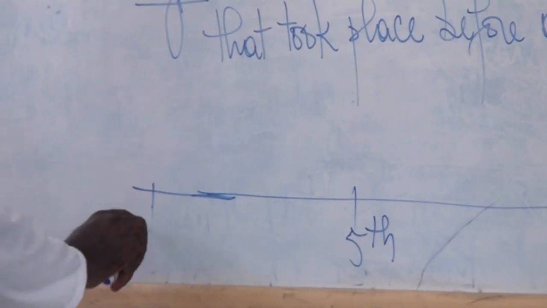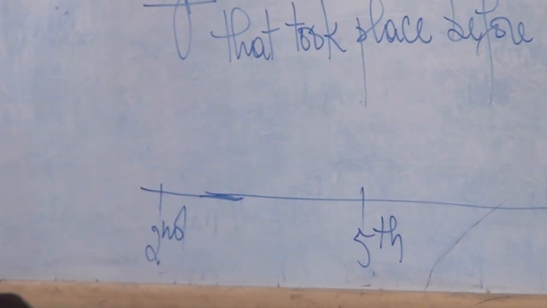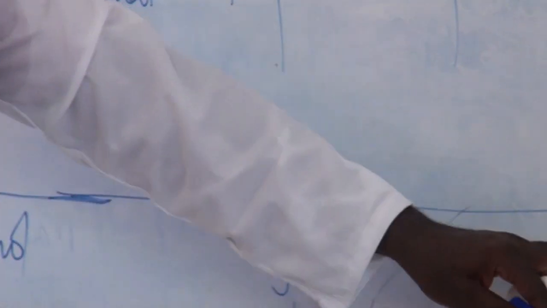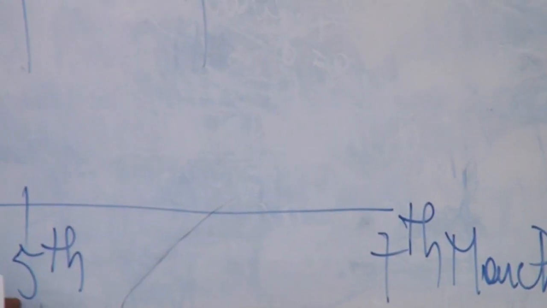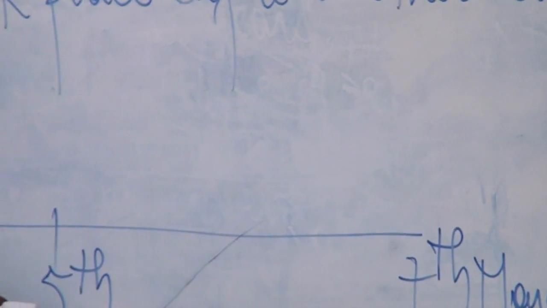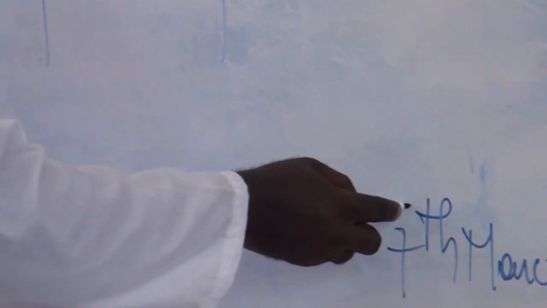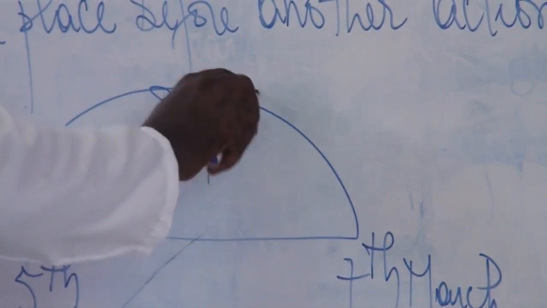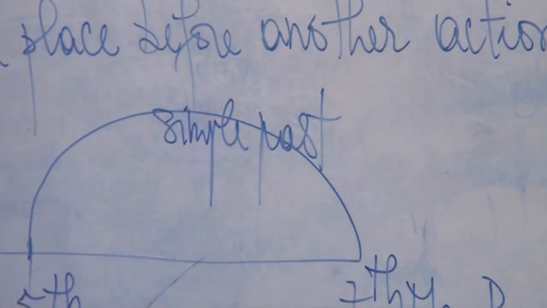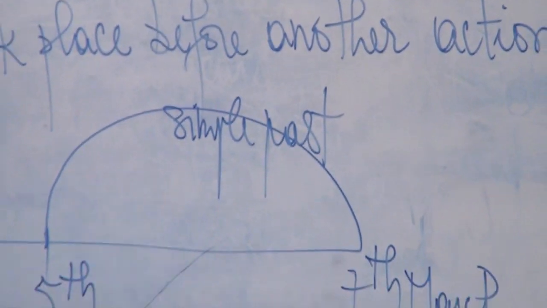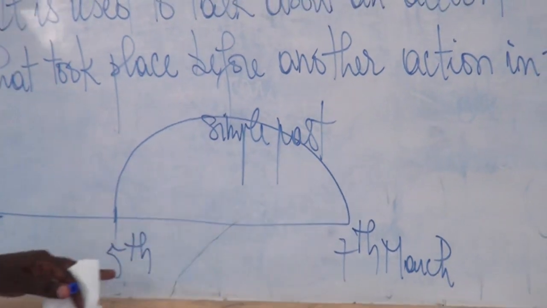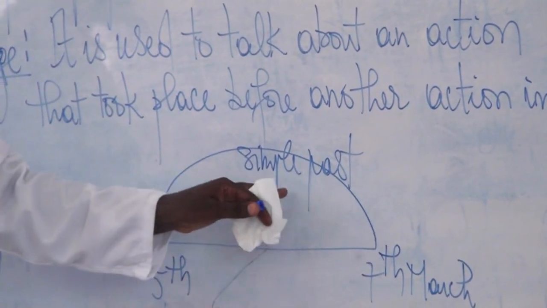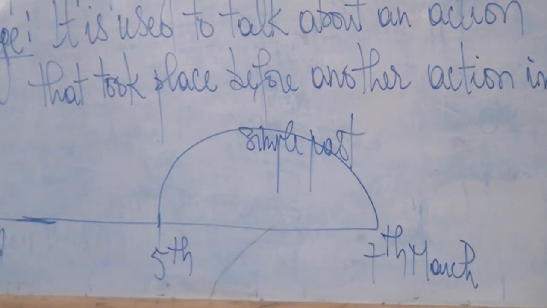And here we are on the 2nd of March. Now, when we are on the 7th of March, if we are talking about something that took place on the 5th of March, which tense are we going to use? We are going to use the simple past tense.